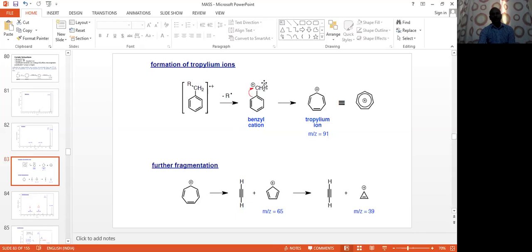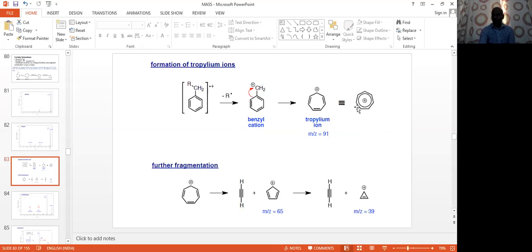The benzyl cation further, through scrambling, which we already discussed, forms a 7-membered tropylium ion, and you have the m/z value 91. This is highly resonance stabilized. This is how you represent the 7-membered tropylium ion, which then undergoes further fragmentation.